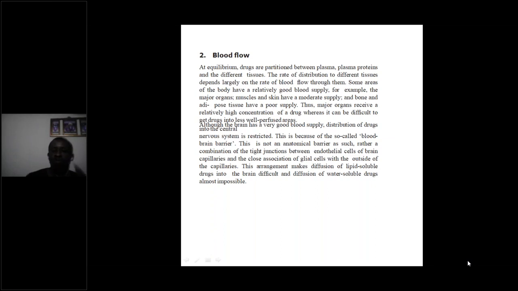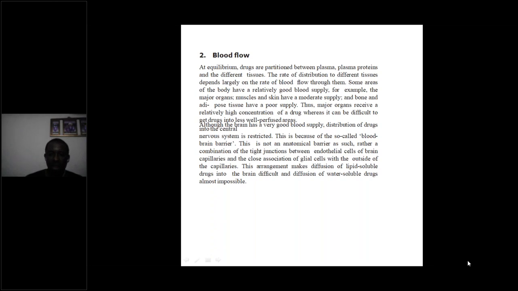So for drugs you need to get to the bone, there must be a specialized way of getting it there, or the drug may have very special qualities to penetrate the bone marrow. Major organs will definitely receive a higher concentration of the drug flowing through them, whereas it can be difficult to get drugs to poorly perfused areas. Now the brain has a good blood supply.